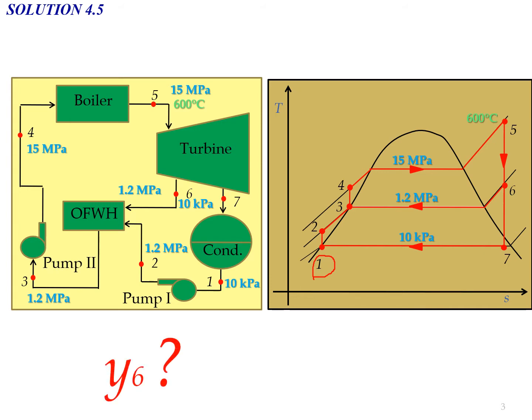The question asks for the y value at state 6, which is the ratio of the bleeding mass at state 6, and the thermal efficiency of the system. So this is all the information given and what the question wants as the answer.